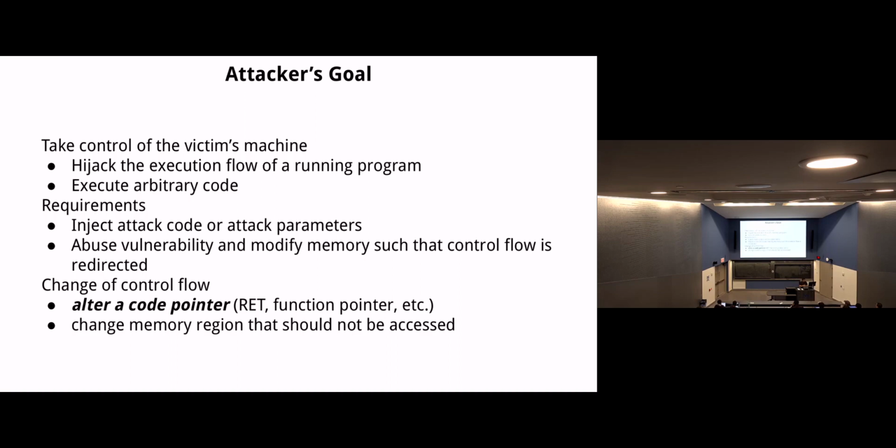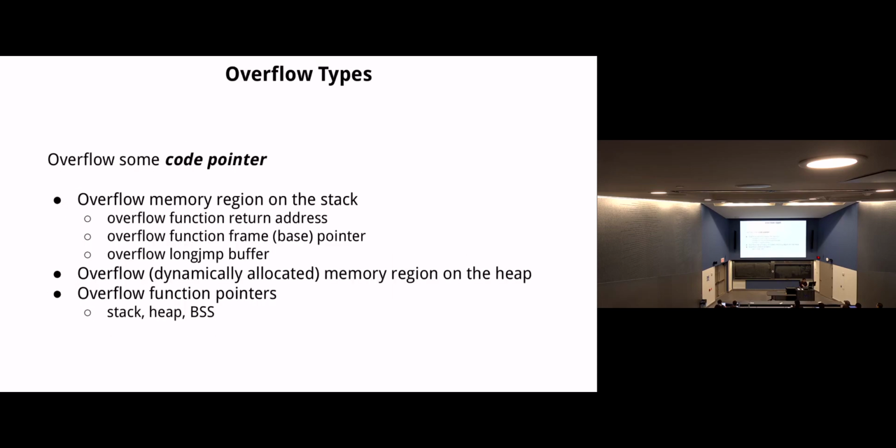To do that, the attacker needs to somehow hijack the legit control flow or redirect the control flow to the attacker's code. That code may already be in the address space of the program, or it could be a program on the computer. All right. So there are several types of overflow.